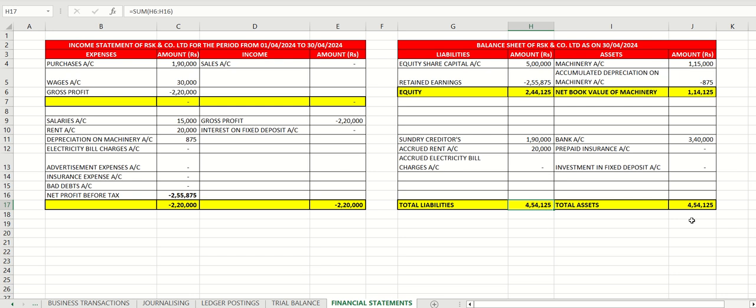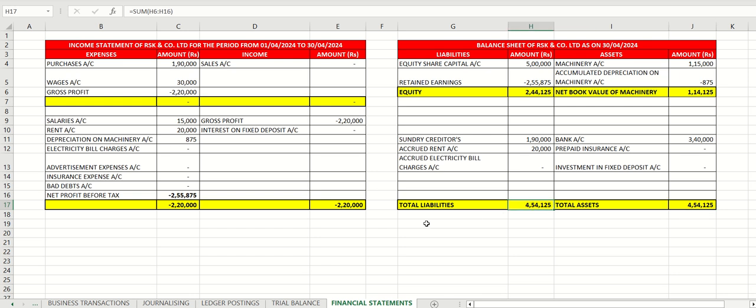The values shown under the asset side should match up with the values shown under the liabilities side. There shouldn't be any discrepancies, and you can see that the values match up. Okay, hope this is clear.